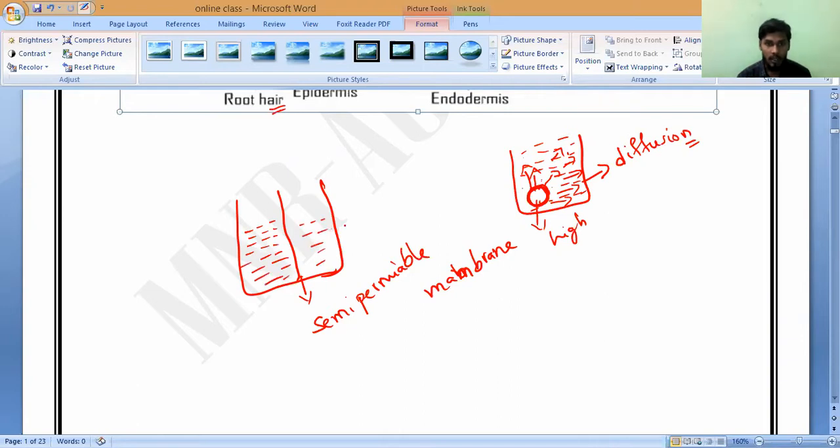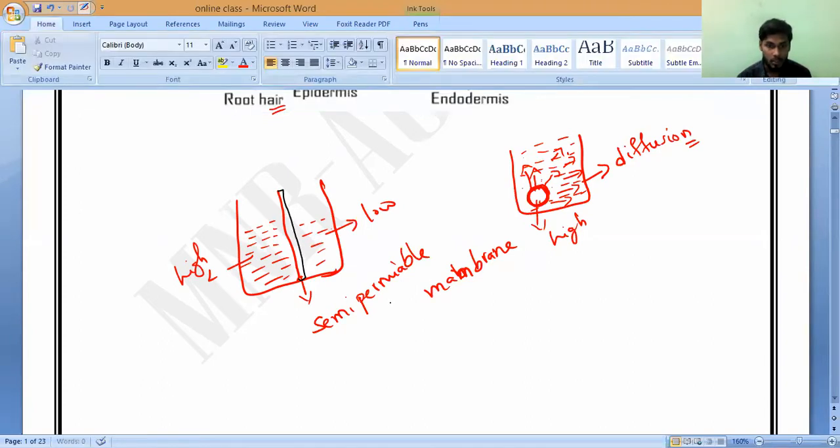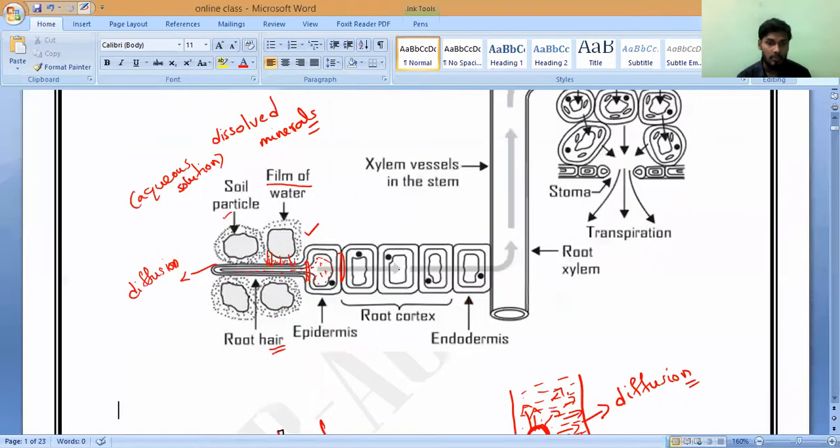With the help of this membrane, the concentration of the sugars is equally distributed. This process is called what? Osmosis.